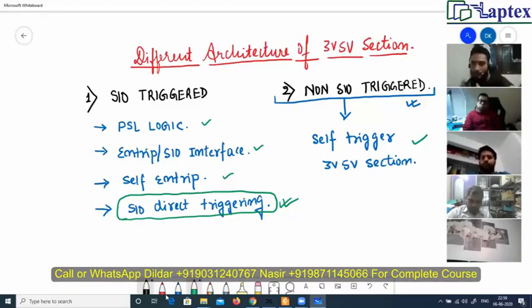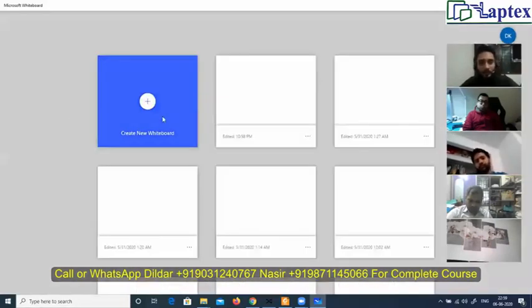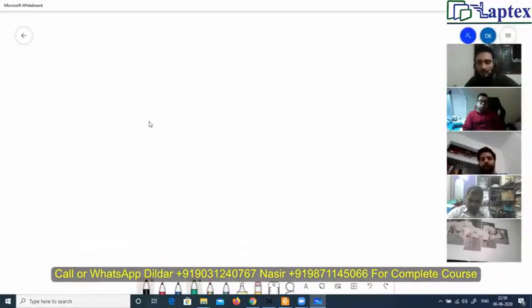Whatever part is required for the 3 volt, 5 volt standby section from the IO, I'll teach you that. After that, he will teach you the rest of the SIO. So what is required for my part is this, see here.